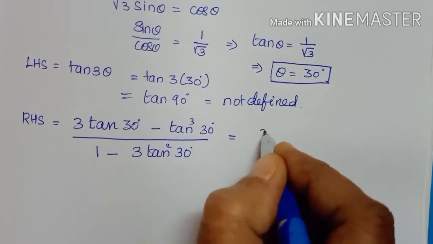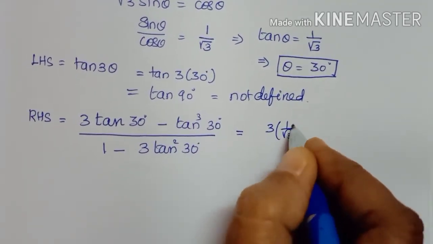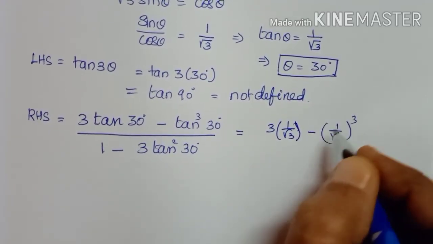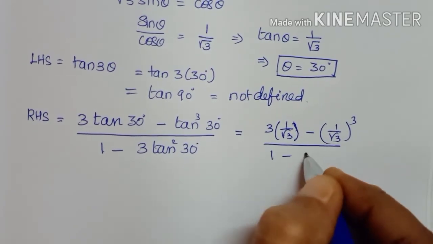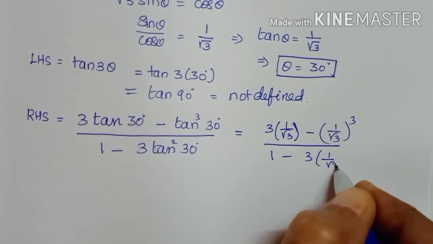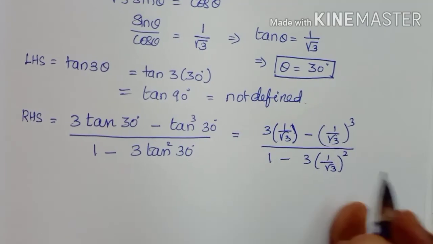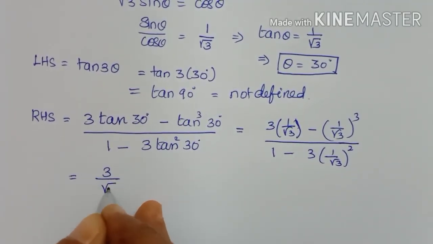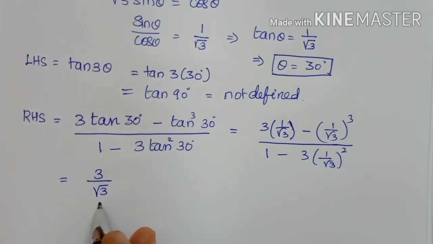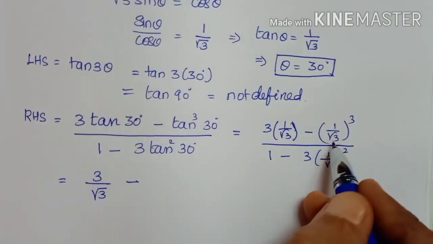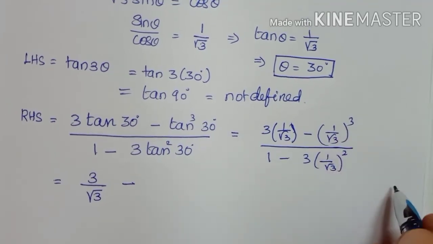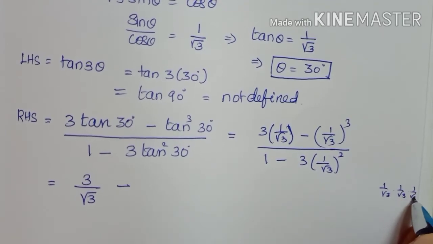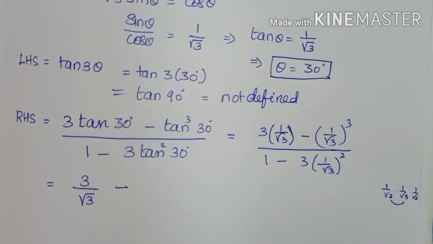You will get 3 into 1 by root 3 minus 1 by root 3 the whole cube, divided by 1 minus 3 into 1 by root 3 the whole squared. Now 3 into 1 by root 3 we can write as 3 by root 3, and the denominator we write as it is. Minus 1 by root 3 the whole cube means 1 by root 3 into 1 by root 3 into 1 by root 3. Now multiplying these root 3's, you get 3.